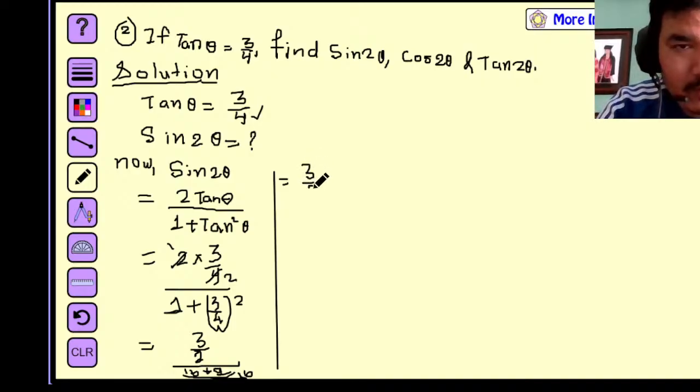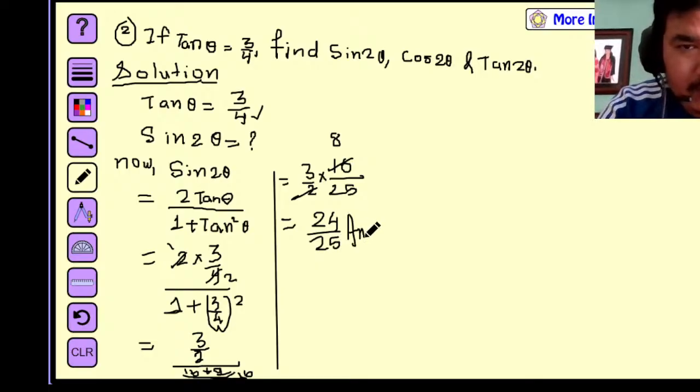And this 16 goes up, and down it will be here 16 plus 9, right? Here will be 25. And then you cancel it, 2 into 8, then it will be here 8 3s are 24. Yes, it is the answer. 24 by 25 is the required answer.